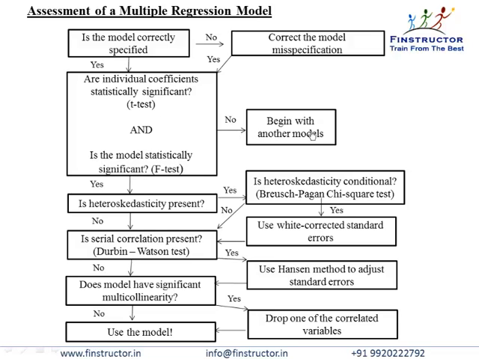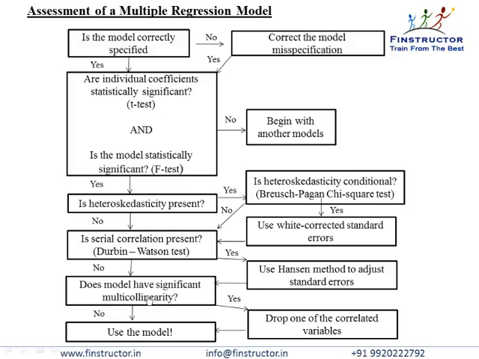If not, then we'll have to change the model or start again with some other model. If yes, then we'll check for the problem of heteroskedasticity. If it is present, then we'll correct using the White standard errors. If it is not present, we'll check for the problem of serial correlation. If it is present, we'll use the Hansen-White method or the Hansen corrected standard errors.